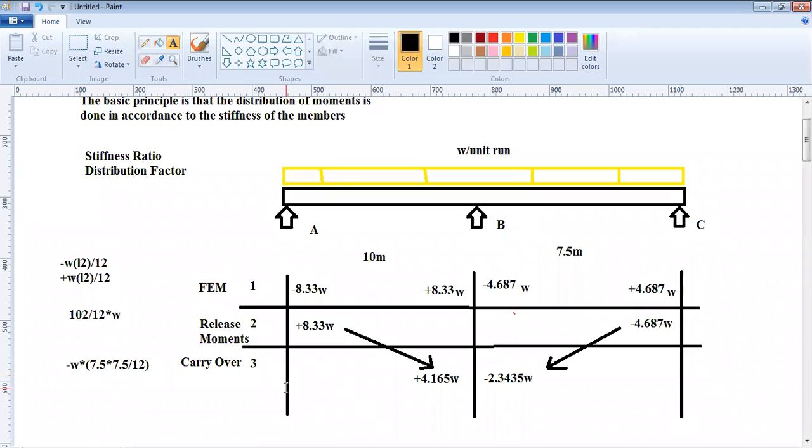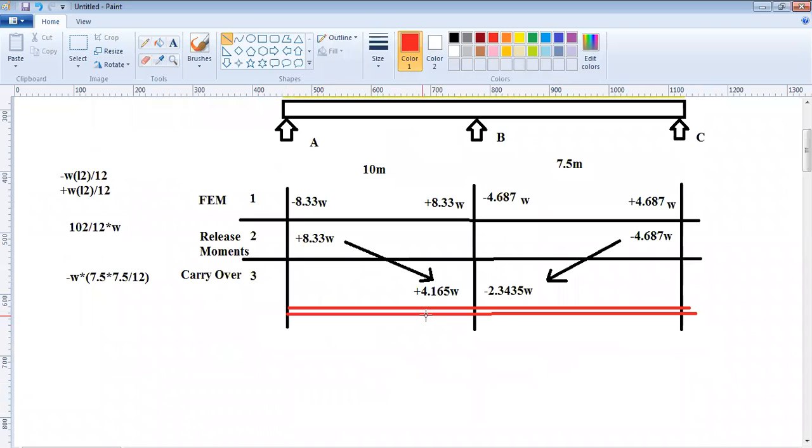Why is it carried over to the other end? Because once we are releasing, some of the moment which is being released will be transferred to the other end. We studied this last time. So overall, I then add up all these moments in step number 4.